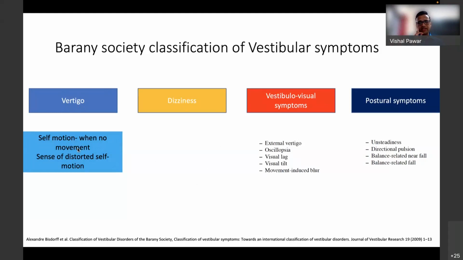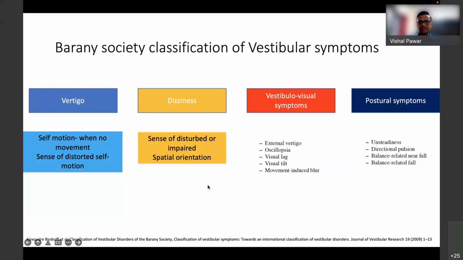Suppose when I'm standing or sitting and I feel that I'm moving, that is vertigo. And a sense of distorted movement: suppose I move my head, I should feel that my head is turning to the left, but if there is a distorted sense of this movement, it is also called vertigo. So that is about vertigo.